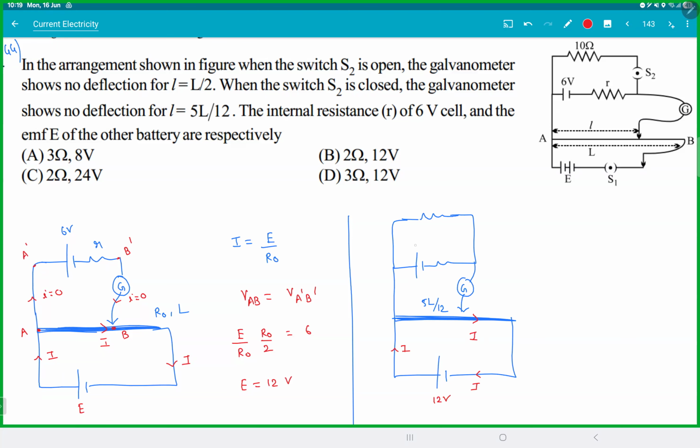This is 12 volt. This is 10 ohm. So this current will be independent of this. So I will be 6 by R plus 10, capital I. You don't need to do this, but okay. 12 by R naught into L.